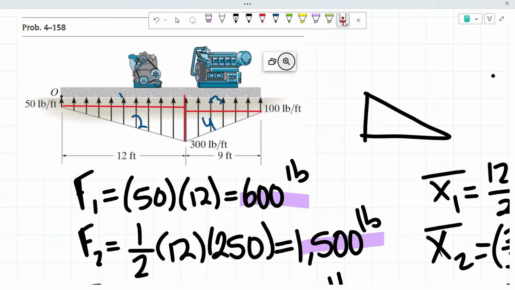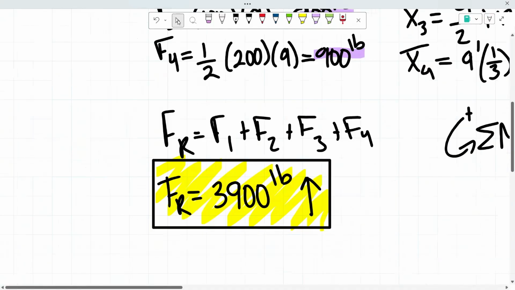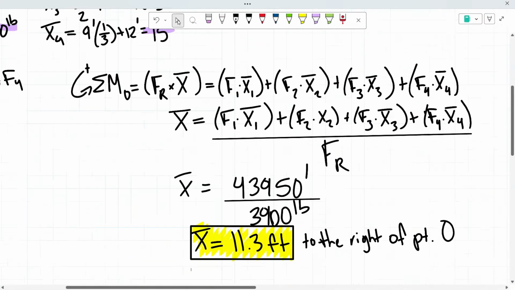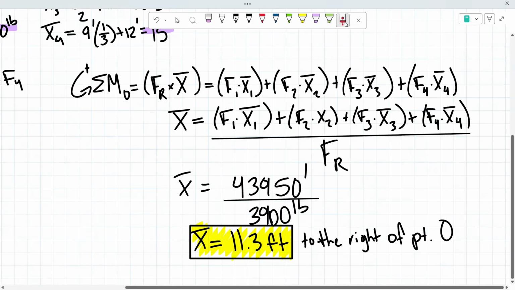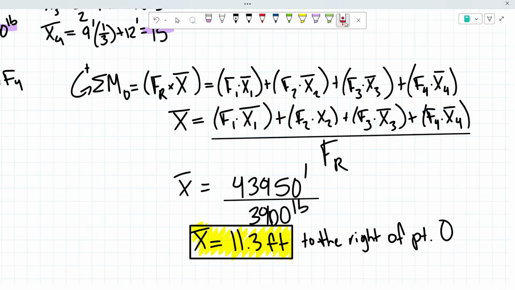And then from there, we determined the location of those forces from point O, because from there, we found our resultant force. And then to determine the location of our resultant force, we use this equation right here. We simply plug that in, and that gave us that location of our resultant force from point O.